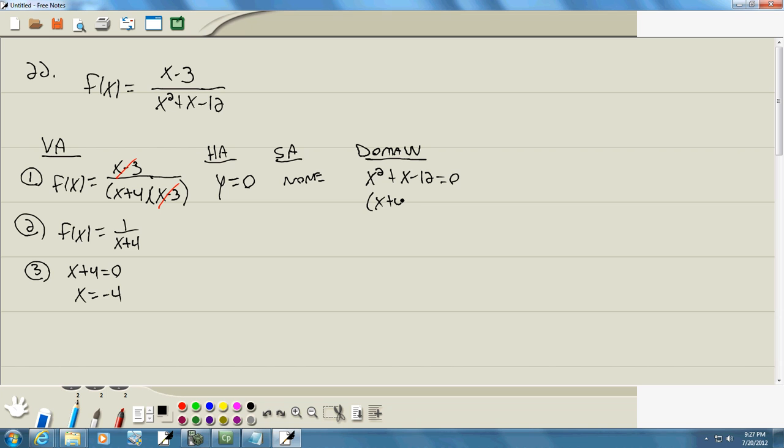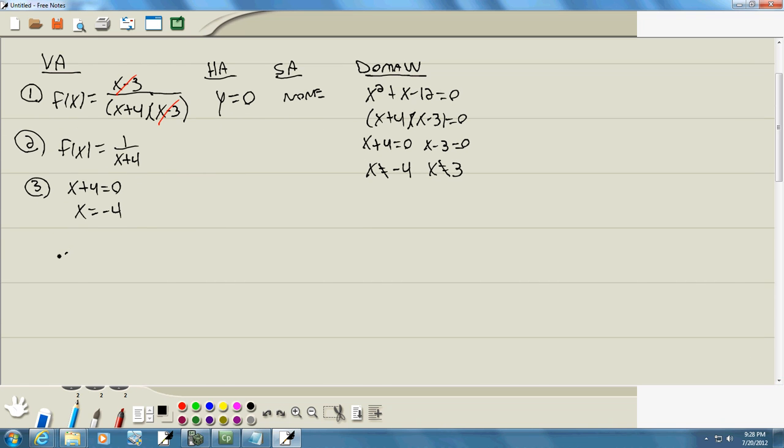And we've already said this factors as x plus 4 times x minus 3. Then you set each factor equal to 0, x plus 4 equals 0, and x minus 3 equals 0. And we get x is equal to negative 4, and x is equal to positive 3. Now these are the values that cause the denominator to be 0, so we can't have these. So x cannot equal negative 4, and x cannot equal 3. We'll come back to that.